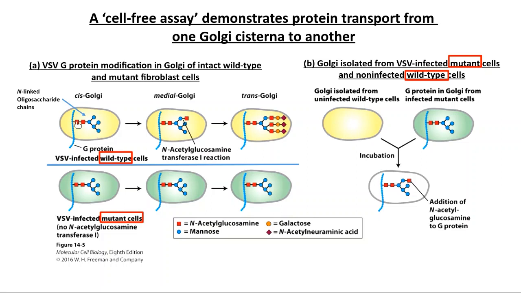So now what happens when it goes to the medial Golgi, this particular N-acetyl glucosamine transferase 1, because it's transferase 1, transfers one NAG unit, that is N-acetyl glucosamine unit, to one of the mannose residues. Okay, so that particular NAG residue gets added to one of the mannose residues.